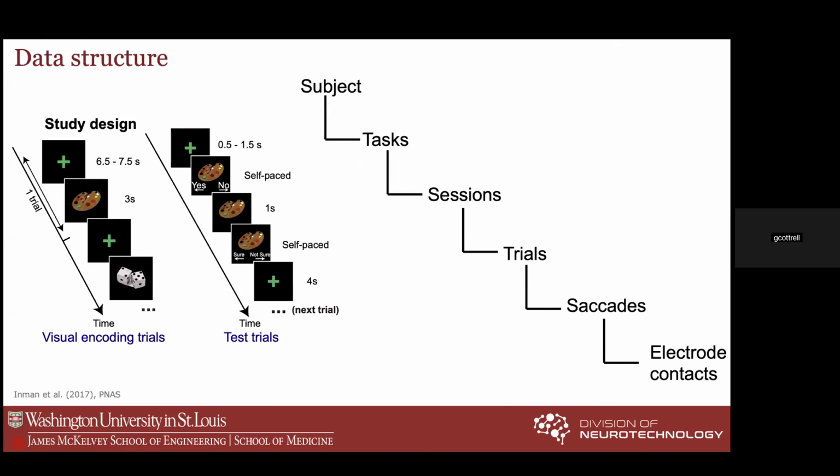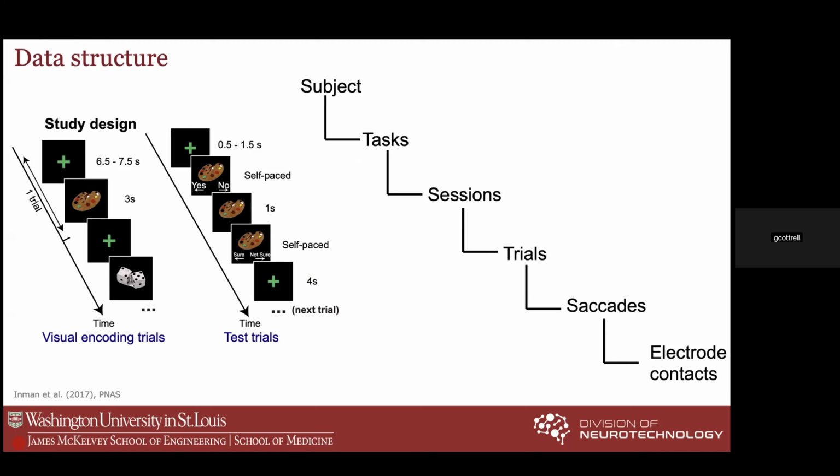First, I will introduce the data structure. We collected data from 8 subjects. Each subject finished multiple tasks, depending on the duration of their stay in the epilepsy monitoring unit. And each task has multiple sections with a total of about 180 trials. Each trial represents a 3-second image presentation.